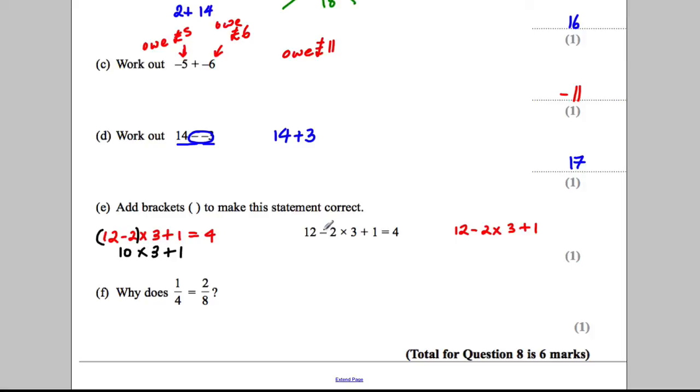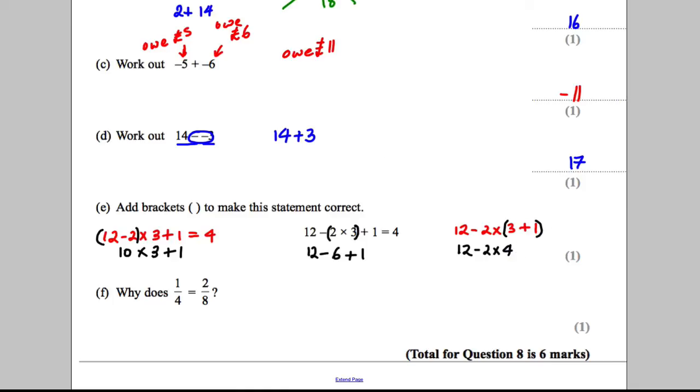Okay, the next option I could have is I could have them, let's say here. So I'd have 12, take away, I would do this thing in here, 6, then I would add 1. 12 take away 6 is 6, 6 add 1 would be 7, which is not right. So I could try the brackets here. And I would have there 12 subtract 2 multiplied by, working out inside the brackets first by BIDMAS, 4.